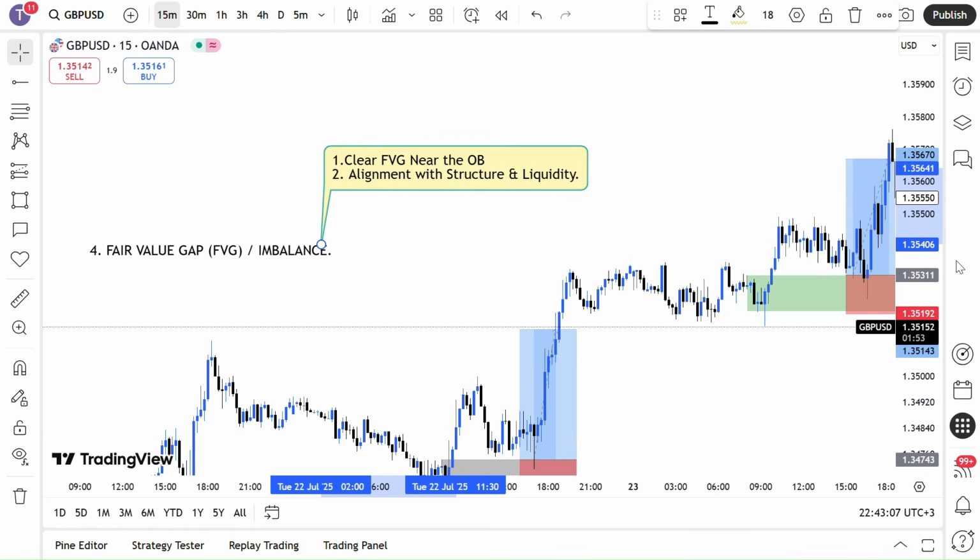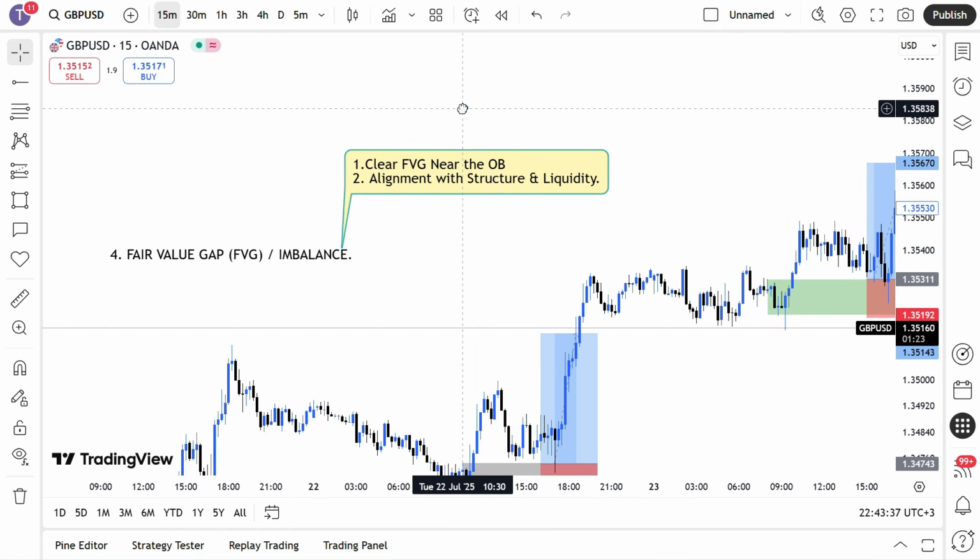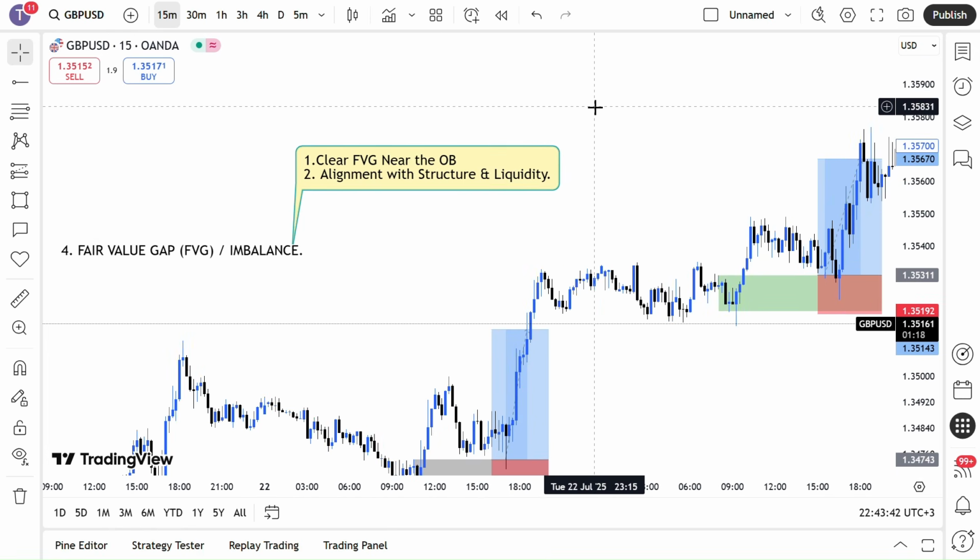And after the fair value gap, you should have that inducement just above it, so that the market will take that inducement as the liquidity, fill that fair value gap that is just above the order block, tap into the order block, and then go into your intended direction. That is basically what you should ask on fair value gaps before taking any decision on the trades that you are taking.